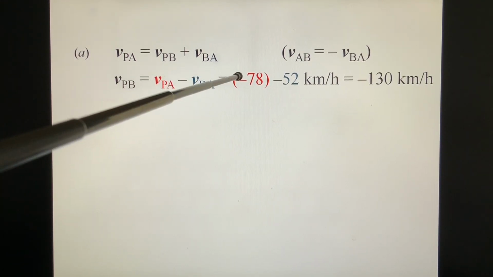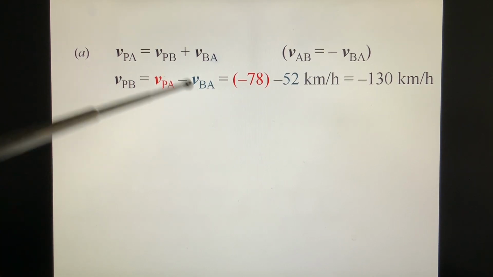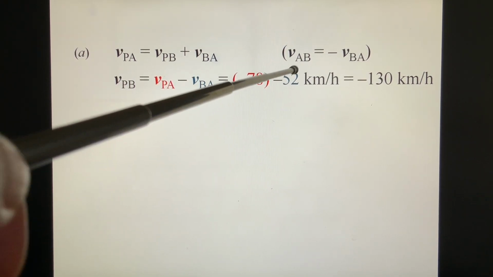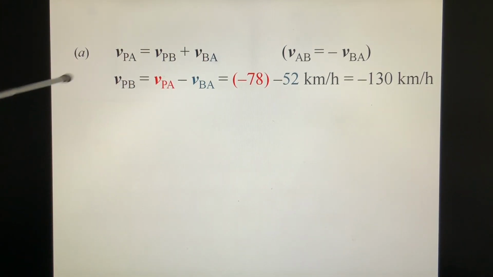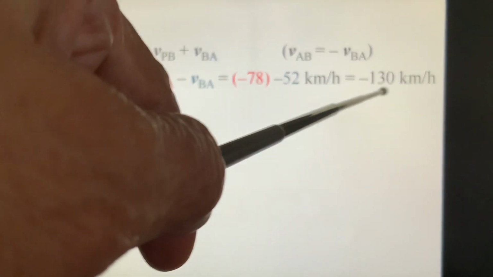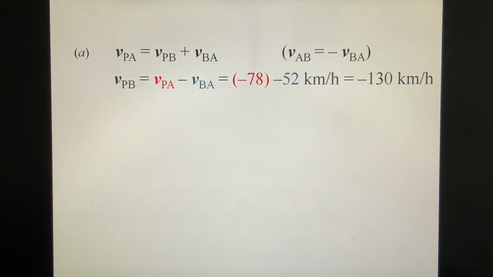VPA is minus 78, is given. VBA equals 52, is given. So we put them together, and we get the velocity of the car in frame B. Barbara looks at it: it's minus 130 kilometers per hour. This is the velocity in frame B, as Barbara looks at it.